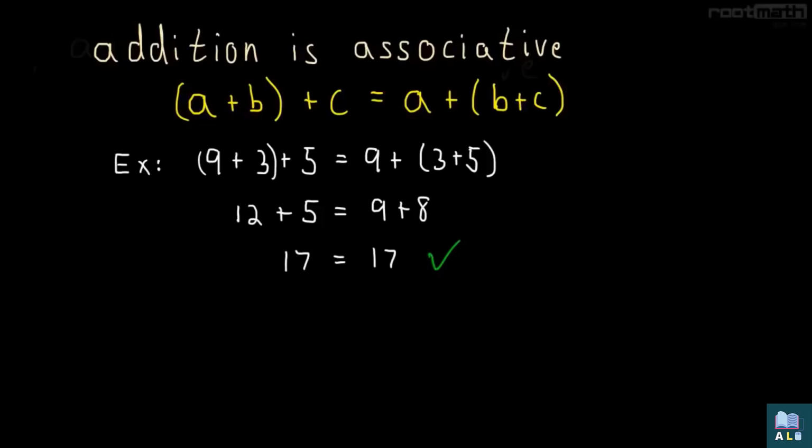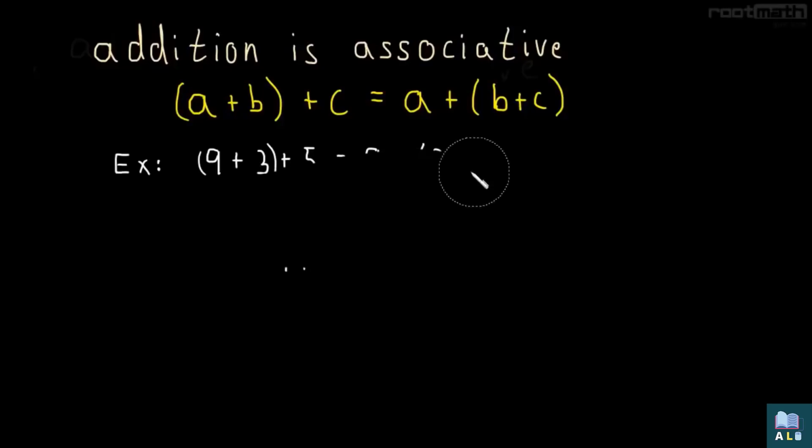Doesn't matter where we put the parentheses, both sides are equal. Since it doesn't matter where we put the parentheses, what we're going to do is just drop them. The parentheses don't tell us anything interesting, so we don't need them. It doesn't matter where we put them, so why put them anywhere?